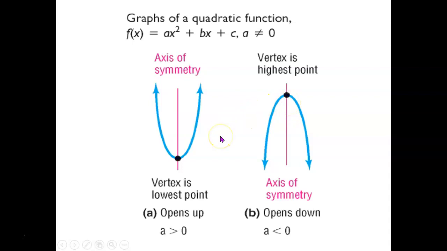So either way, that vertex is kind of right in the middle of the parabola, and if you drew a vertical line straight through the vertex, that would cut the parabola in half, and the two halves would be mirror images of one another. So the parabola would be symmetric with respect to that axis of symmetry, that vertical line that runs right through the vertex.